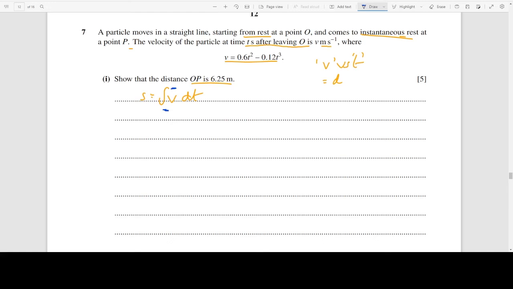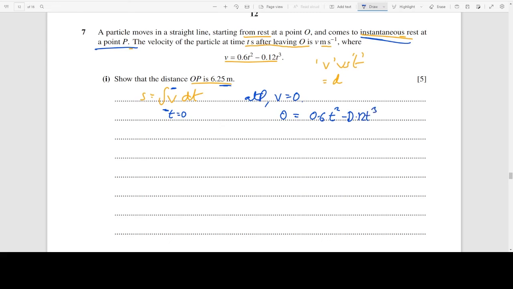We know it starts from rest, so it starts from time t equals 0, and it comes to instantaneous rest at point P. So point P, which is our final destination, is again where velocity is equal to 0. So 0 is equal to 0.6t² minus 0.1t³.